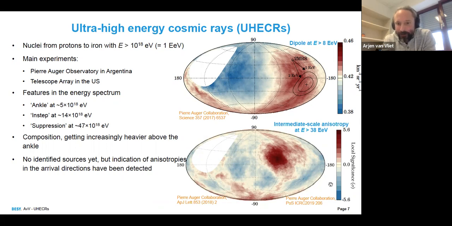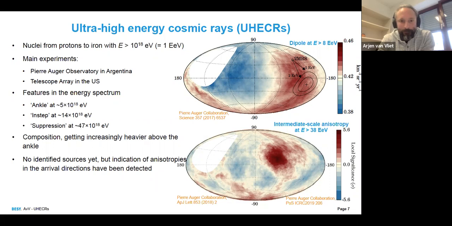But these kinds of anisotropies should at least help in providing some idea about what their sources could be. Of course, if you go to higher energies, the deflections in magnetic fields become less, so you have more hope of seeing the sources directly, and at least seeing smaller scale anisotropies, which is what's shown here. The problem is that at higher energies the flux drops significantly, so you also get less statistics, which again makes it more difficult.